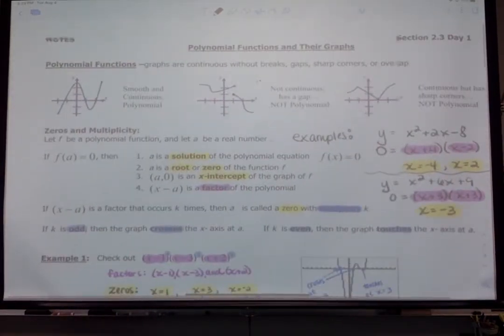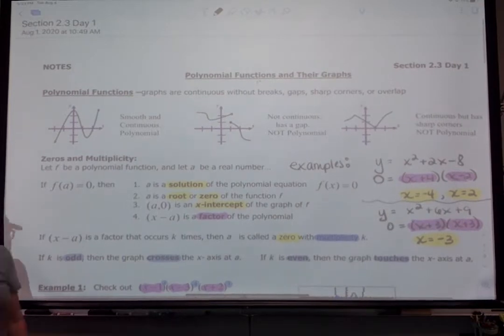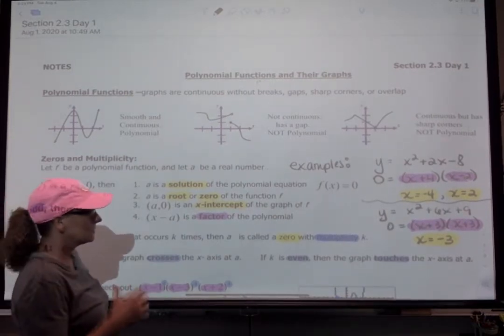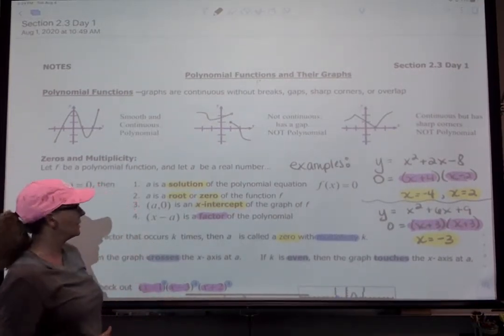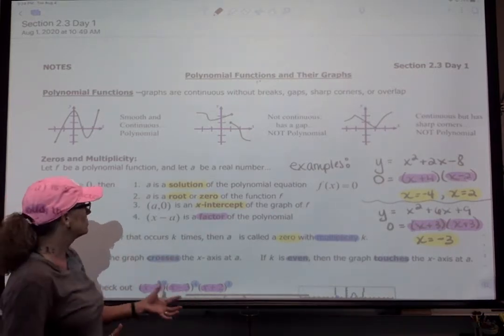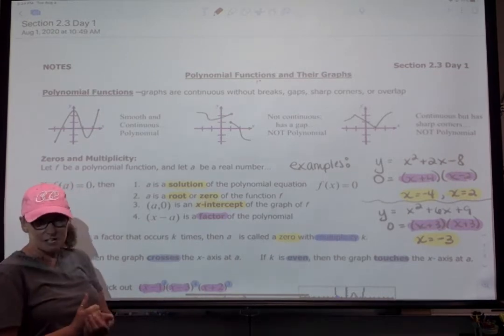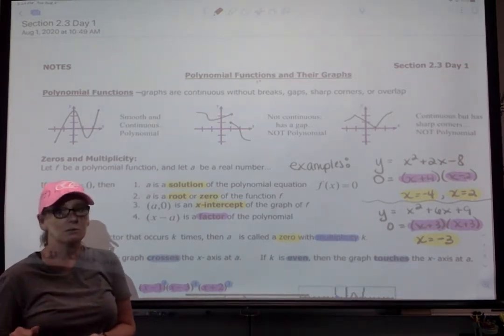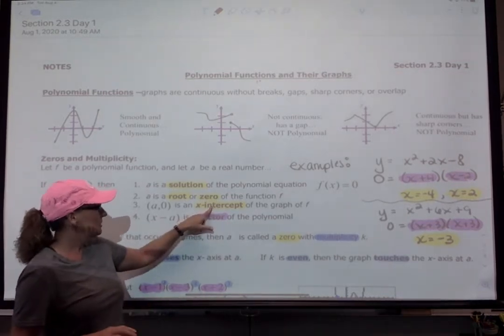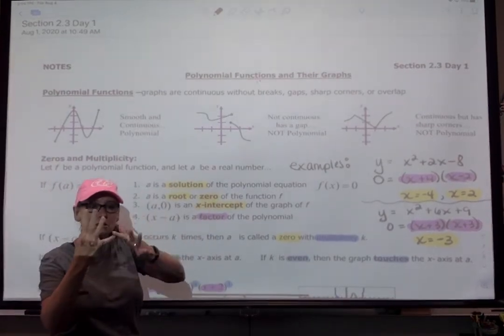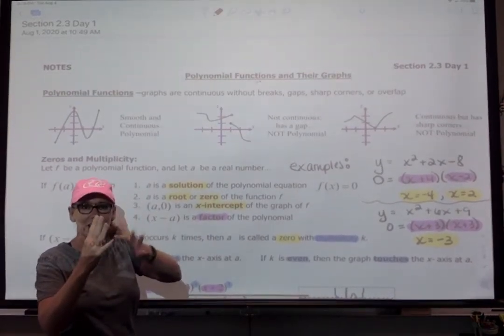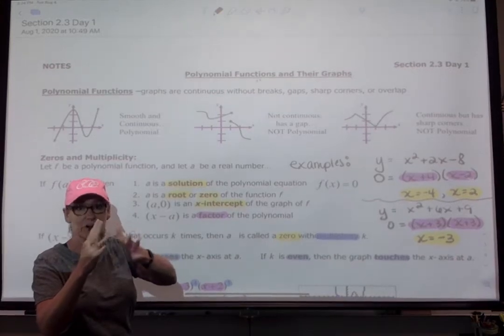Now, here's where I get to drill in some vocab with you. And I've gone through the entire notes. Every time the notes talk about x-intercepts, I'm highlighting those yellow. So, just to review, there are 4 words that all mean the same thing involving x-intercepts.